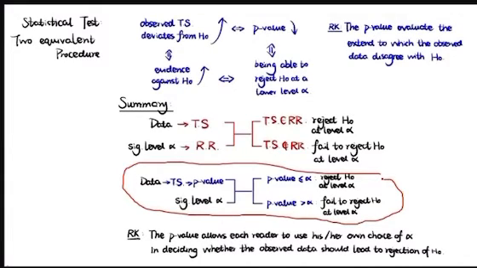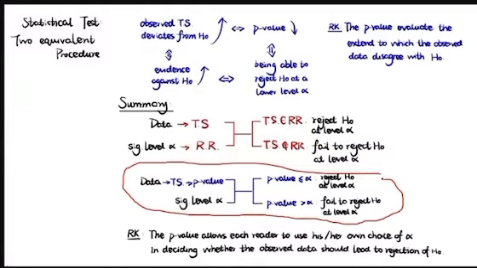Does that make sense? The other time we said the p-value is the probability of the absolute value of z greater than the test statistic, which means the alternative is two-sided. If the alternative is one-sided, it's just the probability of z greater than the test statistic.